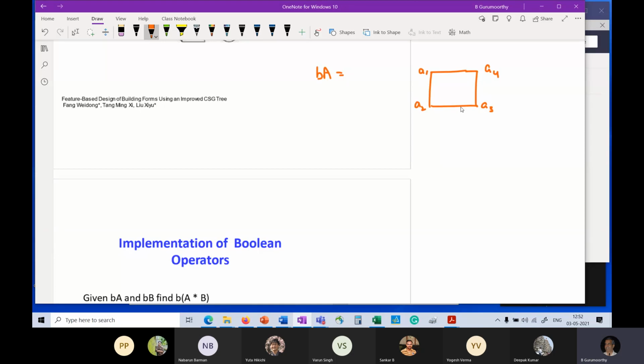So I have E1, E2, E3, E4 ordered in this way, but instead I can just write this as A1, A2, A3, A4, A1. Right? That takes care of the orientation. So this represents my boundary of A. Now, if this were a 3D point set, I can write down the boundary of that also as faces, right? So we will come to that in a minute.